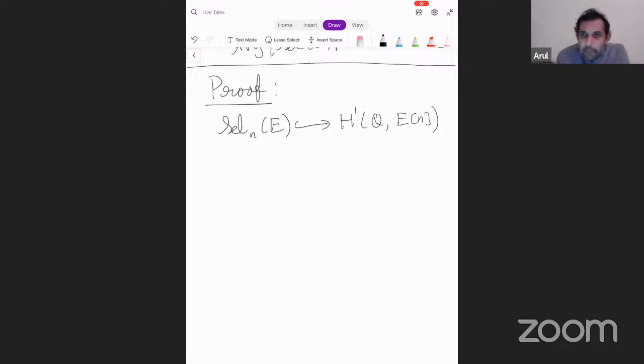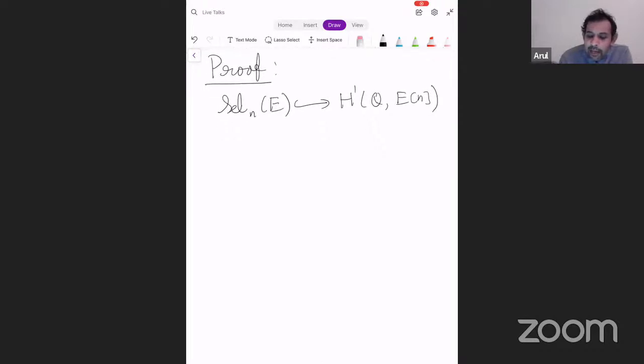This little part is going to be slightly technical, but it won't be used too much later on. But let me just say that what this means is that you can embed this n-Selmer group into the set of twists of what are called Brauer-Severi diagrams.